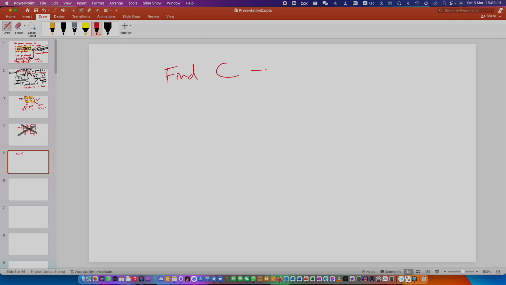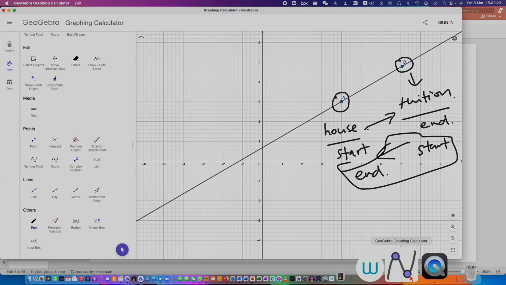Which is the y-intercept. Any idea? Which point is the y-intercept in this case? 0 point something. You want to come and point to me?